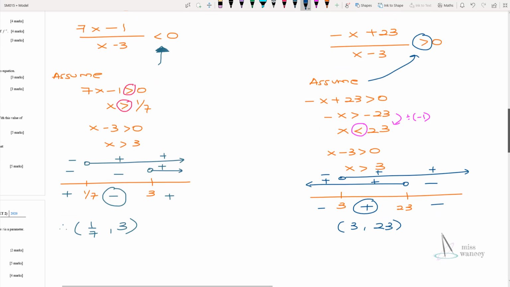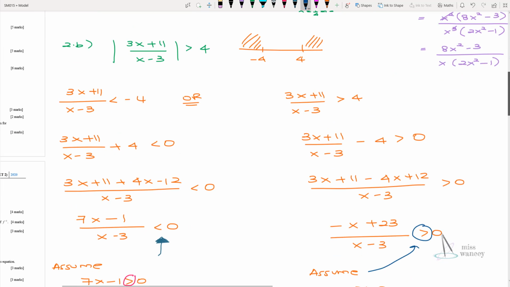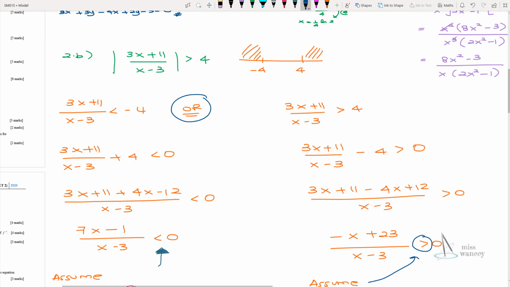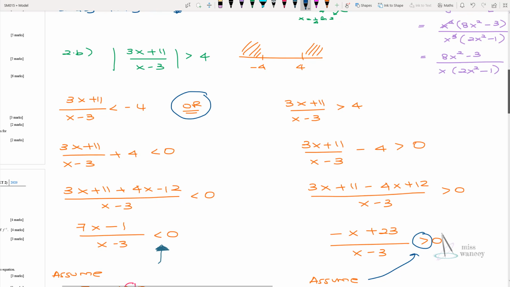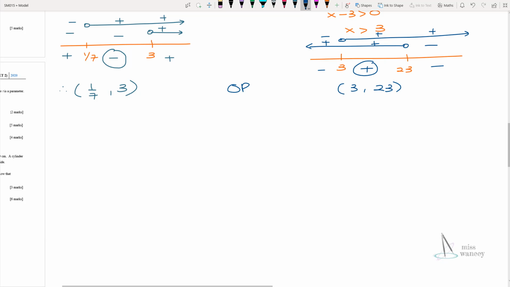Okay, so I do have the answer on the left hand side and right hand side. So now we should combine them. So if you refer to the word that we write down, so we are saying it must be an OR. So OR means that I need to do a union between these two answers. So let us do the union then. So we got 1 over 7, 3, 23.